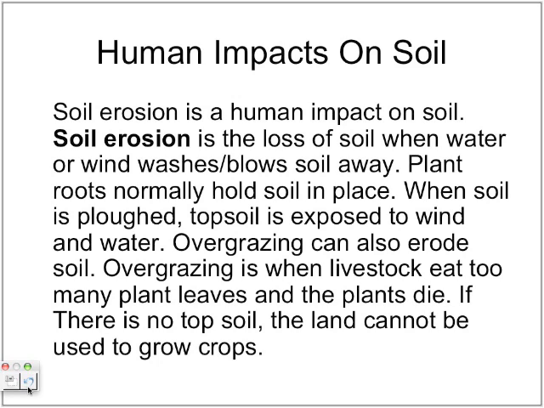Plant roots normally hold soil in place, but when soil is plowed, topsoil is exposed to wind and water. Overgrazing can also erode soil. Overgrazing is when livestock eat too many plants or plant leaves and the plants die. If there's no topsoil, the land can't be used to grow crops anymore because most of the organic matter is in the topsoil.